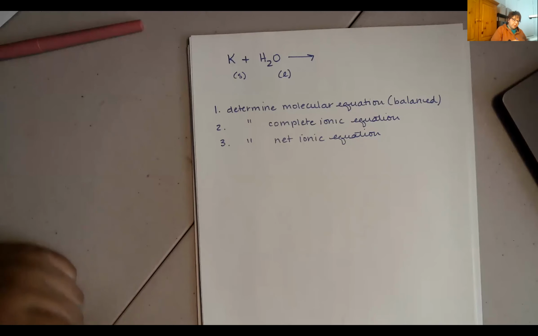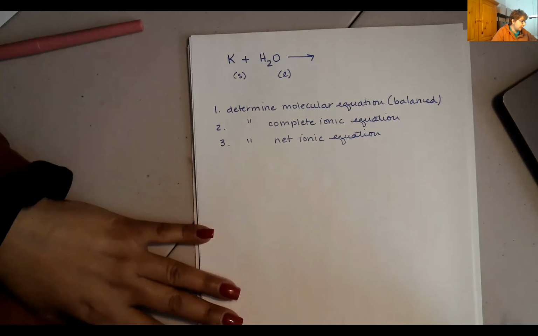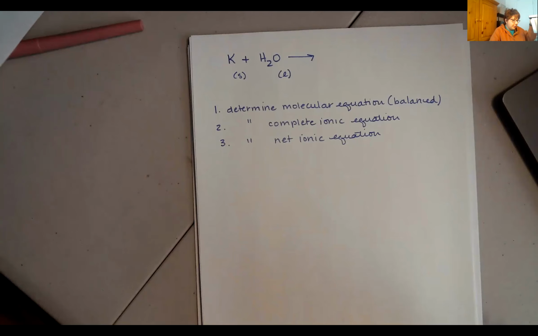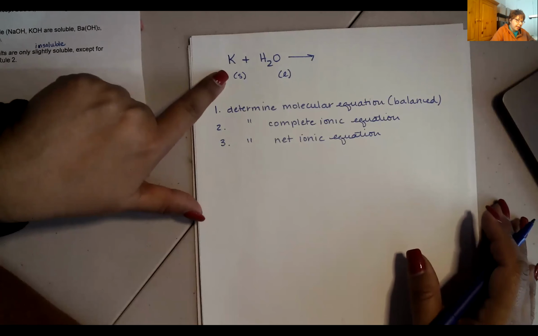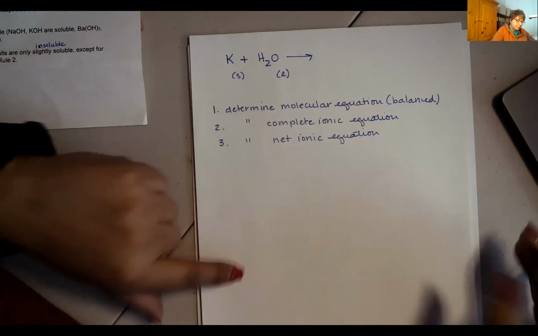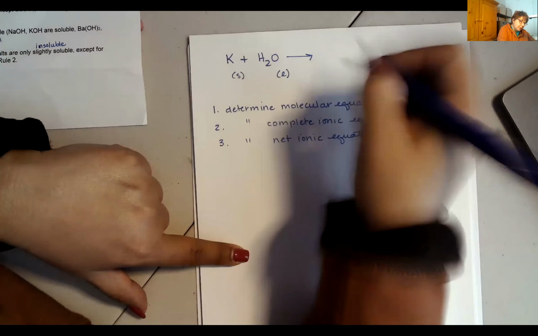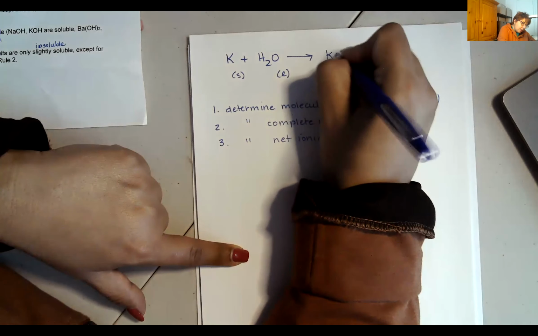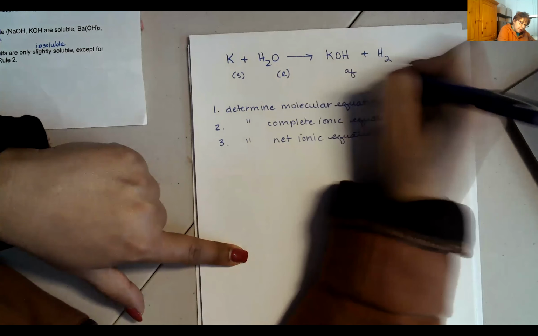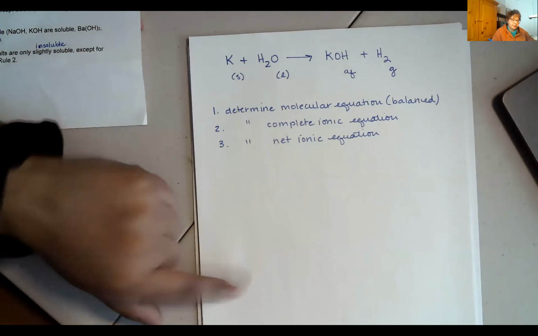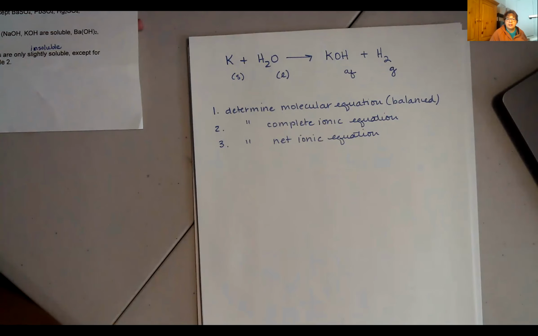All right, let's check your progress. According to the activity series, potassium is more reactive than hydrogen. So we get KOH plus hydrogen gas for this one. If you were stuck, I'll help you on this part.